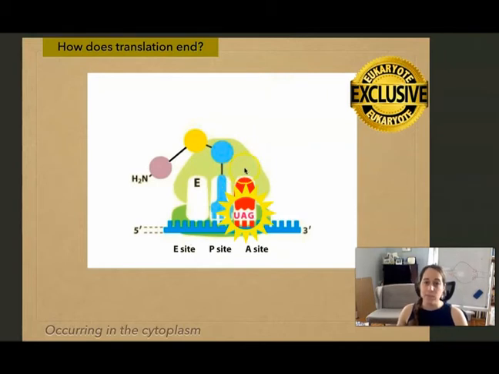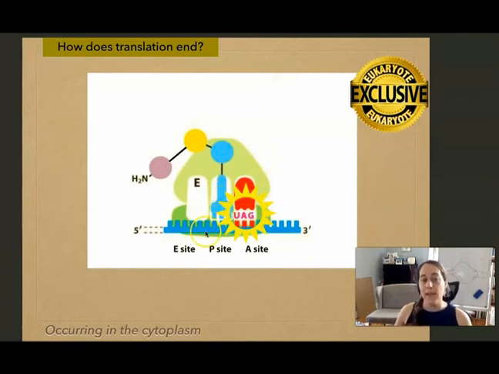peptide bond. And so this is actually done through the adding of water, it says in your book, which just means that you can't break this bond without stabilizing that atom with another bond. And so that's where the addition of water comes from. And this, again, only happens due to the release factor being here in the A site.